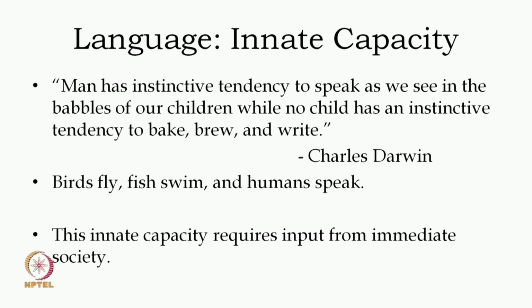This is going to help us a lot in understanding different aspects of language. To begin with, let us see what Charles Darwin is trying to separate. The intrinsic tendency to speak is very different from learning to write, and this is why he says we have an intrinsic tendency to speak. That is to say, all normal human children will definitely speak.